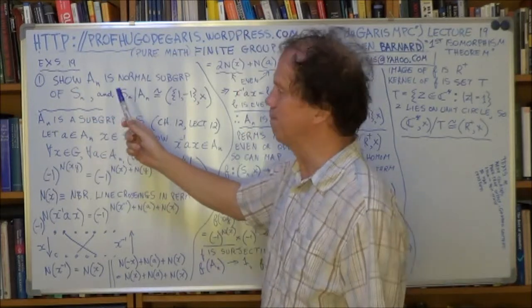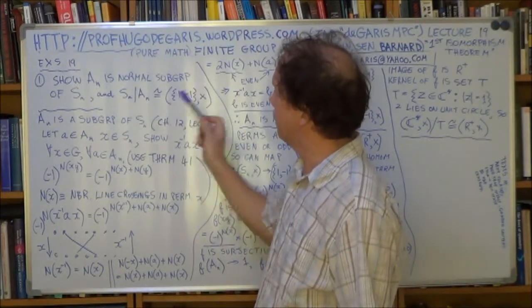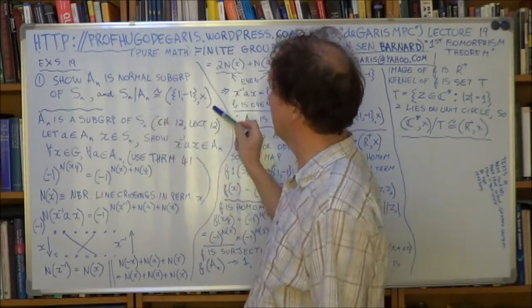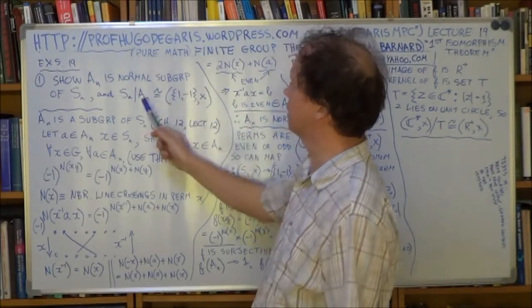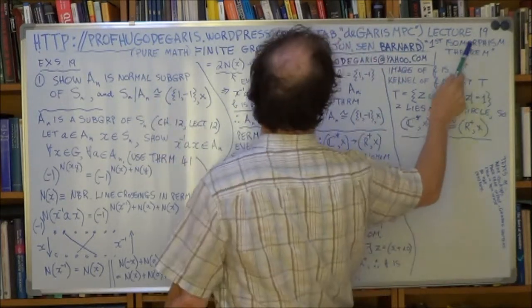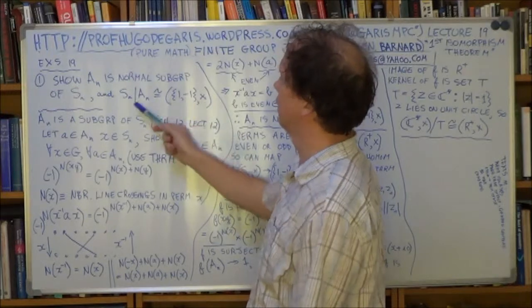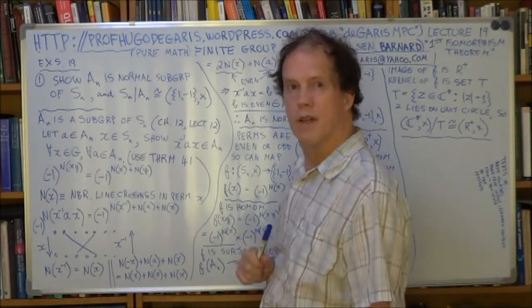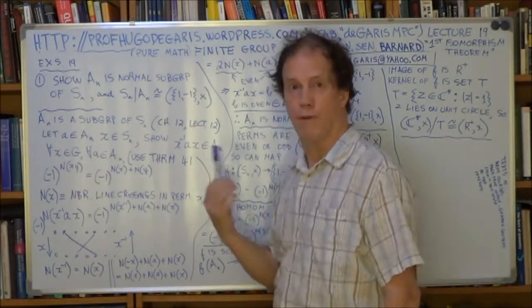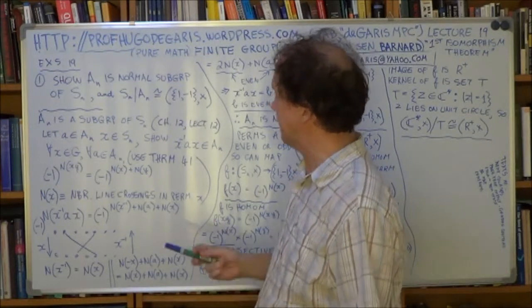You should expect that. All right. So the question asks you to show this relation, which is of the first isomorphism theorem form.